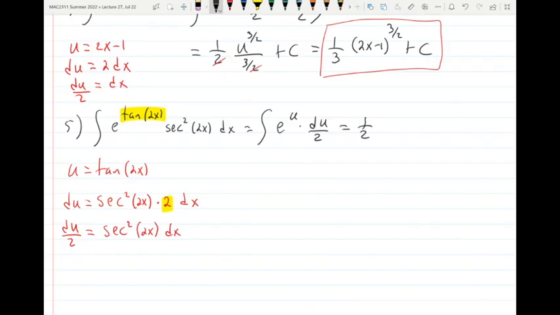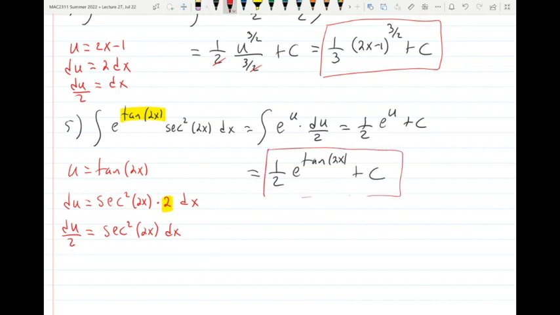So it's going to be 1/2 integral of e to the u, which is just e to the u, and then we put back u equal to tangent of 2x. Okay, so hopefully this is making sense to you.